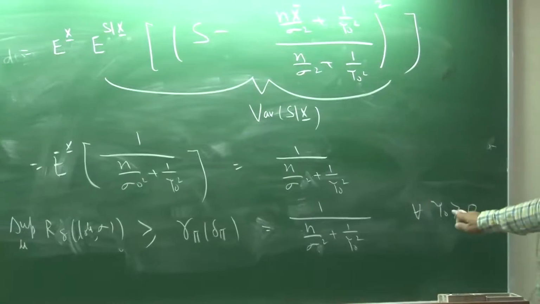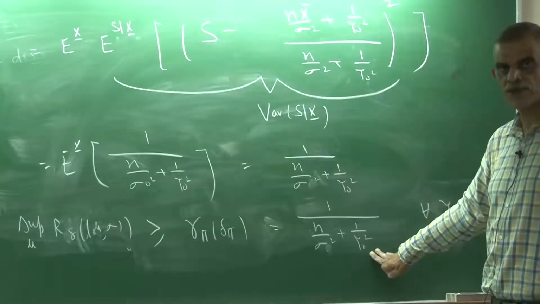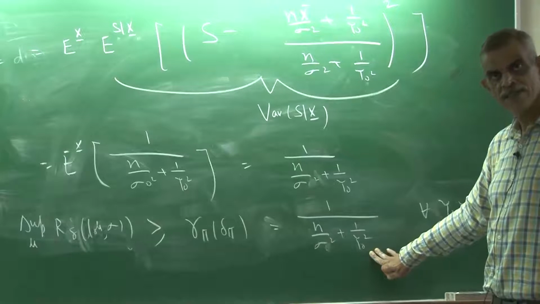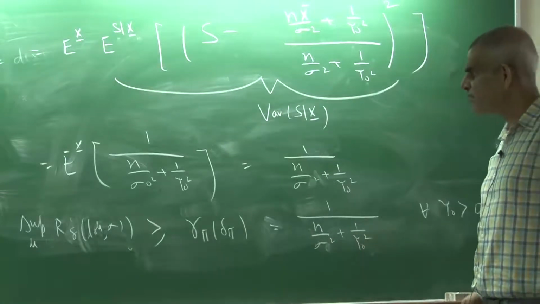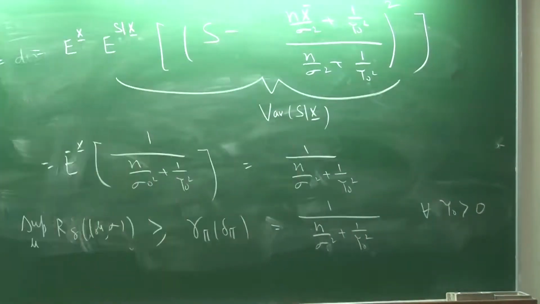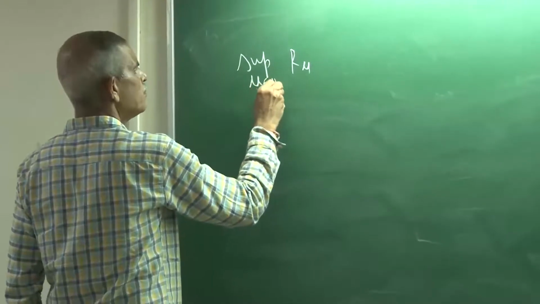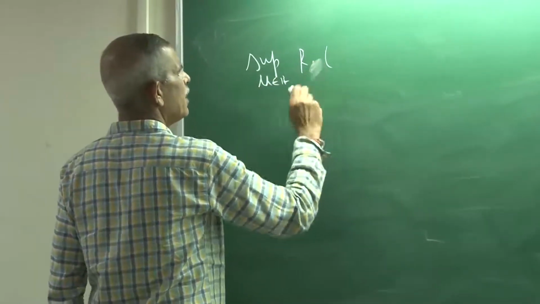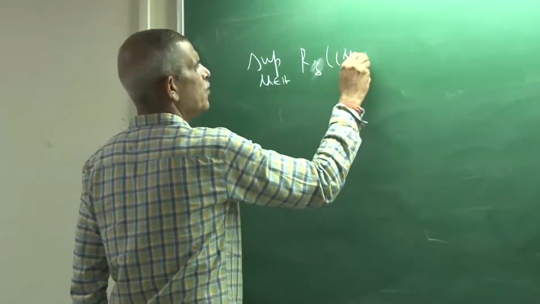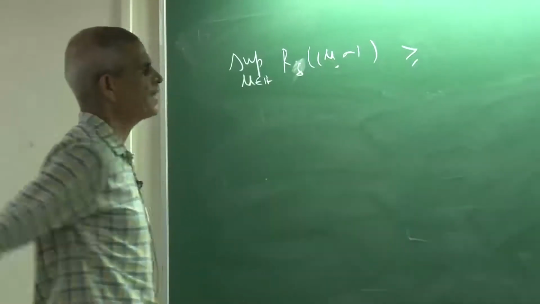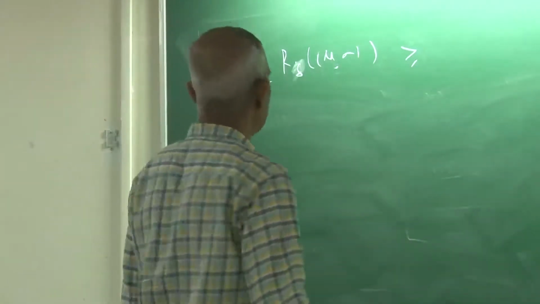So if it is greater than or equal to this for every tau naught greater than 0, I can take tau naught going to infinity, in which case it becomes 0. So that means what you get is that the supremum over mu of R delta mu sigma is always greater than or equal to sigma square by n.